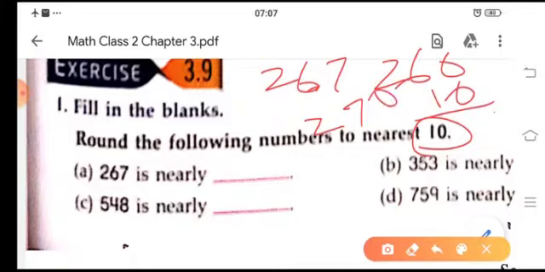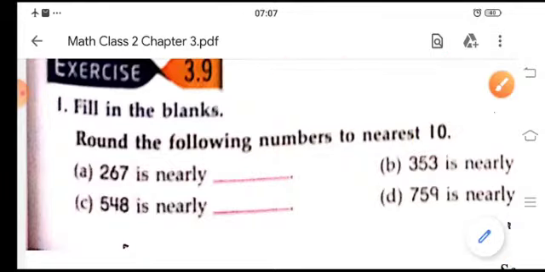So the nearest 10 is 270. Again, the same method will be applied to 548. We make the 8 into 0 and then add 10, so it becomes 550. Similarly, do all these sums.